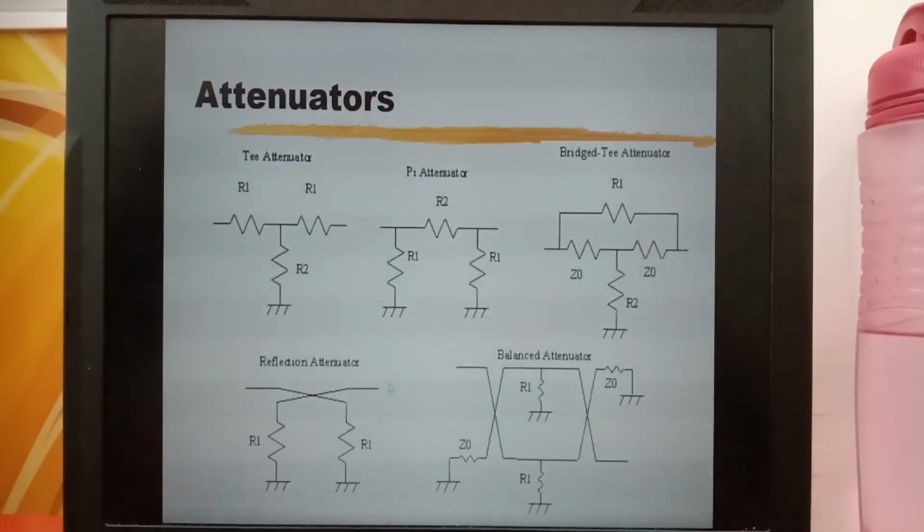Notice that in this design, we have only one resistance, that is R1, compared to the earlier case where we have both R1 and R2, which must be changed at the same time if we wish to make a variable attenuator. In the reflection type attenuator, we only change one resistance to get the different amount of attenuation.